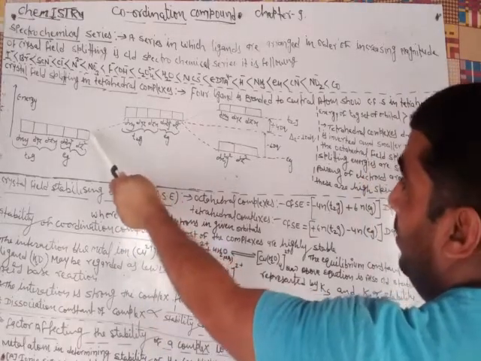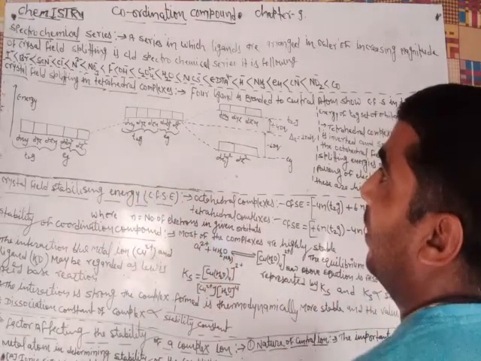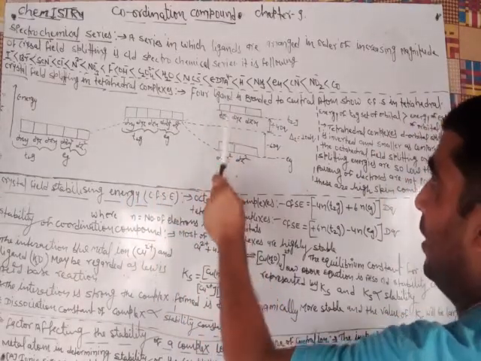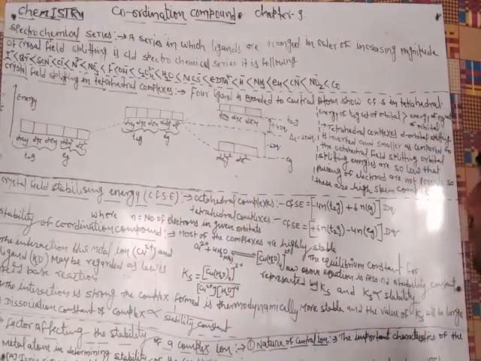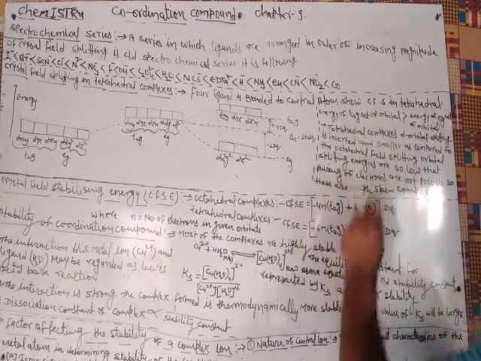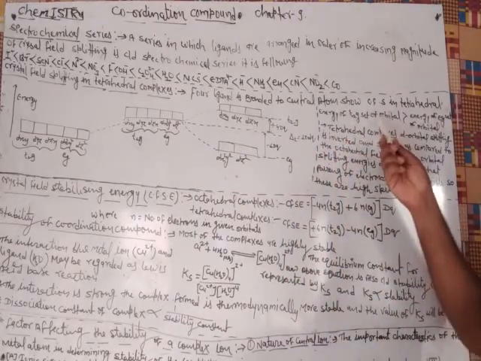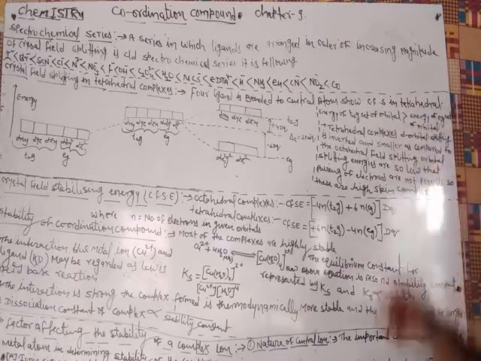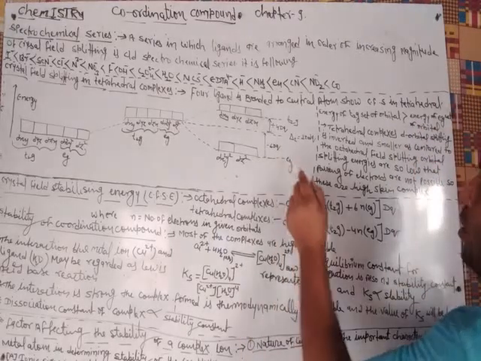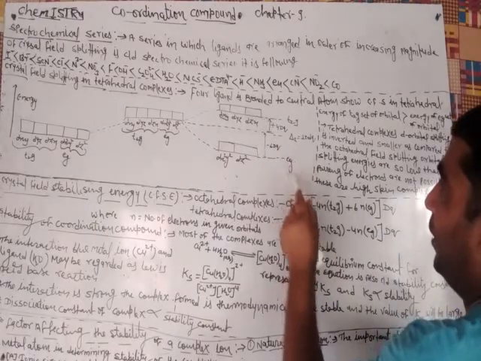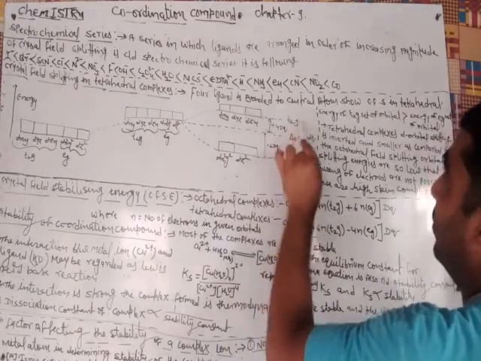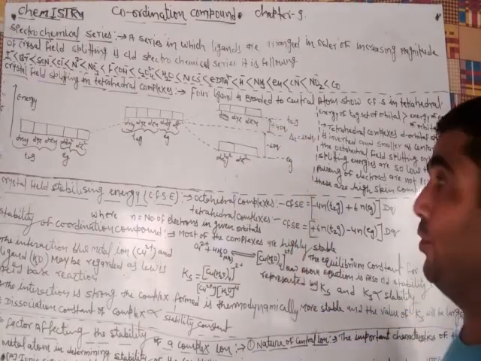In this, the electronic configuration is in the grounded state, and in the excited state it splits into 2 parts. The energy of the T2g set of orbitals is greater than the energy of the Eg set of orbitals, which means the lower energy level in tetrahedral complexes is Eg and the higher energy level is T2g.